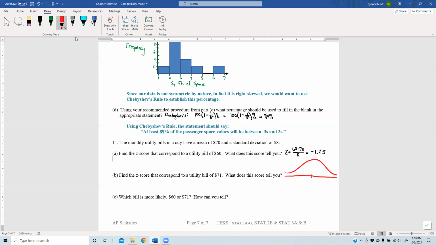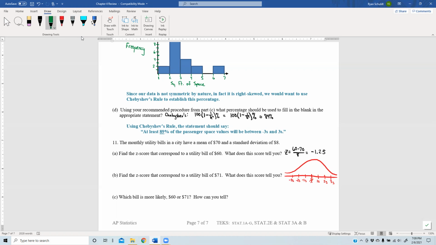So here's the mean, X bar. Then we've got 1s, 2s, 3s, negative 1s, negative 2s, negative 3s.